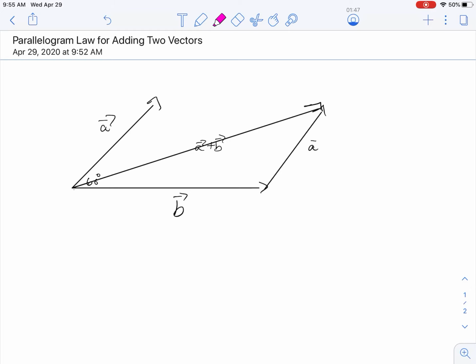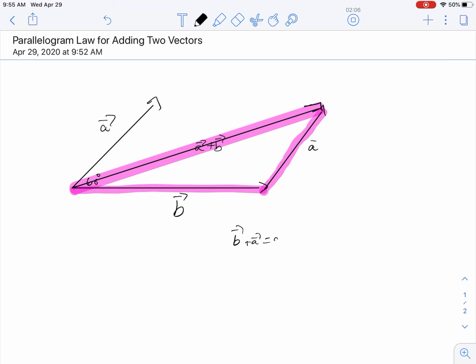And the reason it is, remember that shortcut we always talk about? If you travel along B and you travel up to A, that's the long way. So then the shortcut would be A plus B. Even though we went that way, B plus A is equal to A plus B. Same thing.